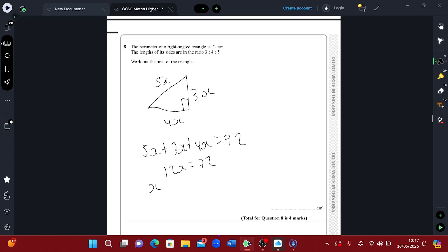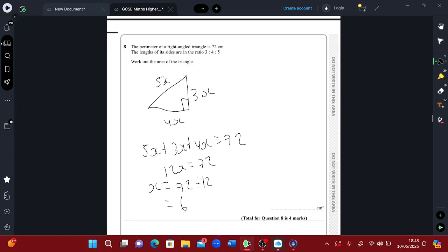And so therefore the multiplier x will be 72 divided by 12. Does 12 go into 72? 1, 2, 3, 4. Yes, it does, 6. Exactly 6.